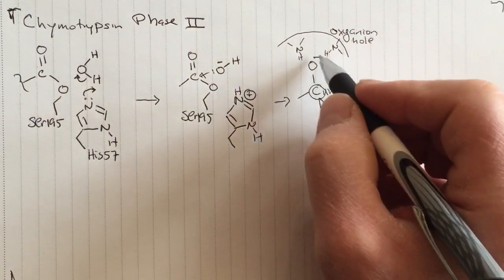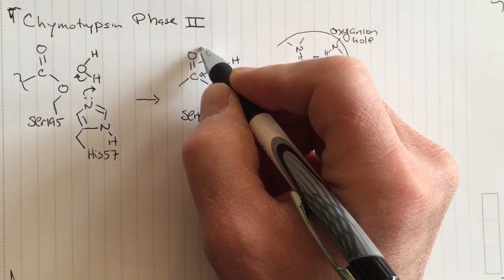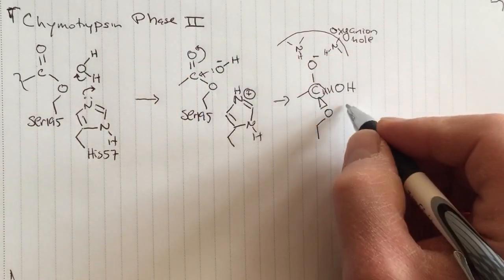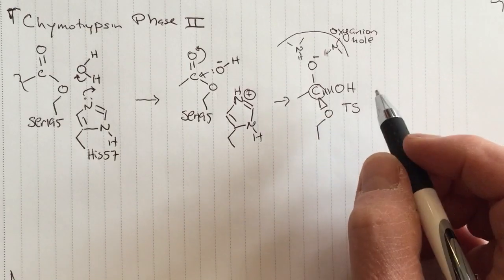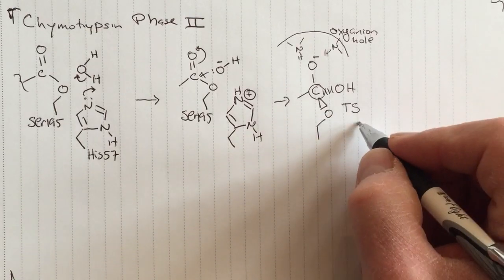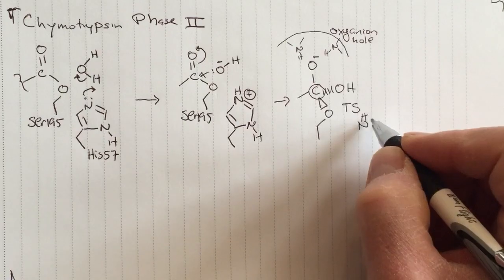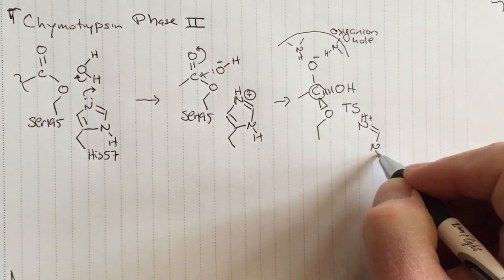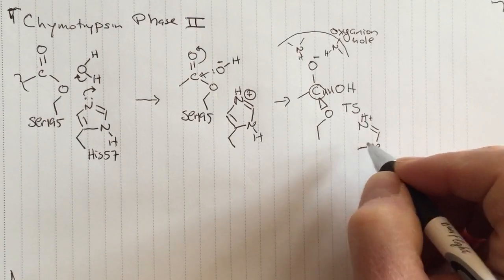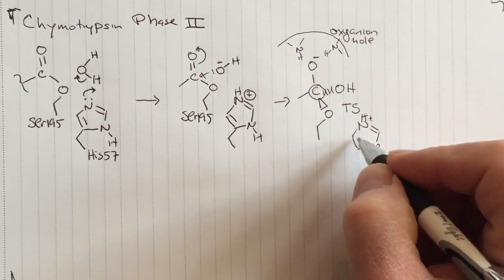And they are stabilizing the negative charge that's accumulating as we go to the transition state. This situation now is, while it's stabilized by the oxyanion hole, still relatively unstable, and it's going to collapse.